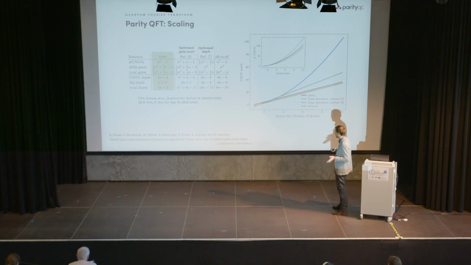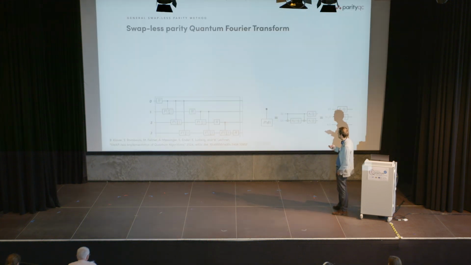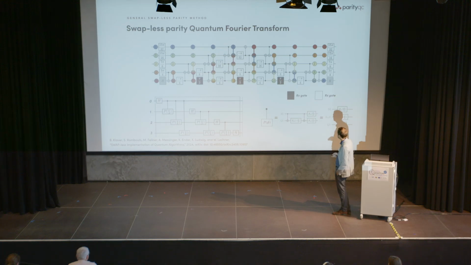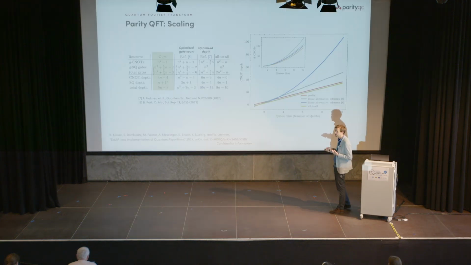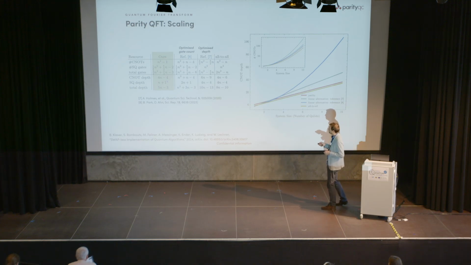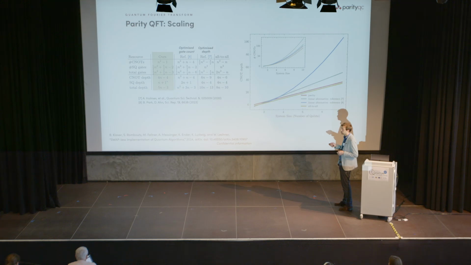So now let's look at the outcome, the thing that we've seen here. You can still say, oh, nice, but what's the point? The point is that this is actually the most efficient way to implement the quantum Fourier transform. The previous milestone is actually a long time ago, and I saw that Austin Fowler is also here.